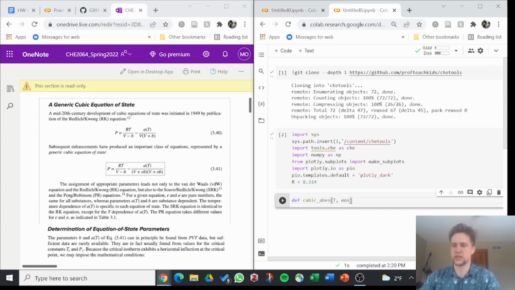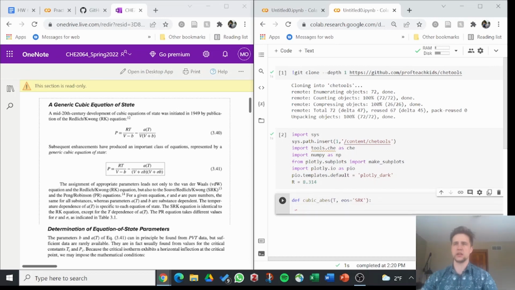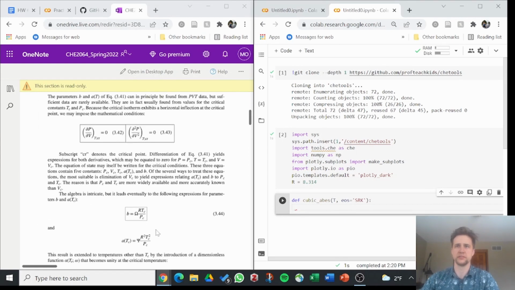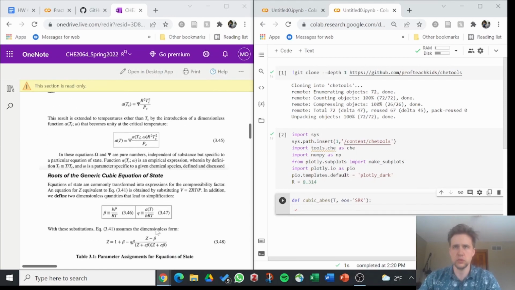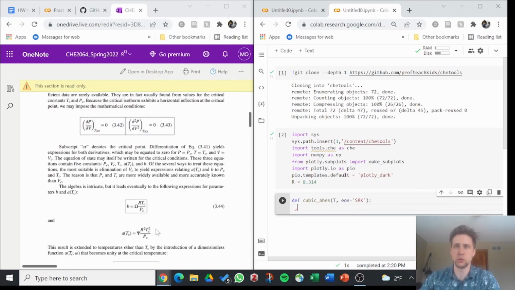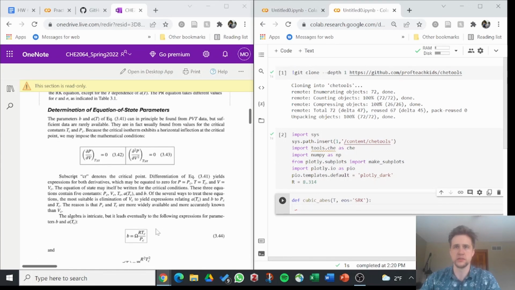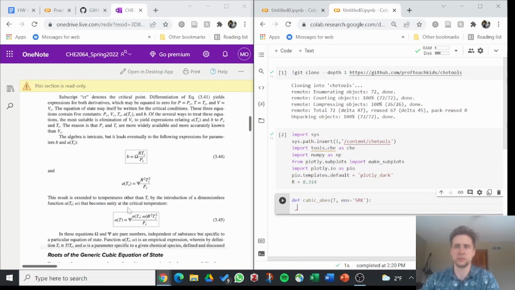Now, for our equation of state, we're using SRK, so let's define that as our dictionary. Next, let's start working through our different values. We know we're going to have A and B, but within that, as we go down, we need to ask what A is with respect to T. There are a couple of different options here.